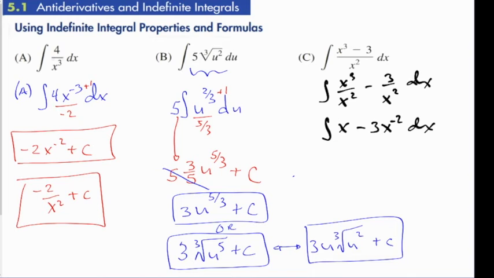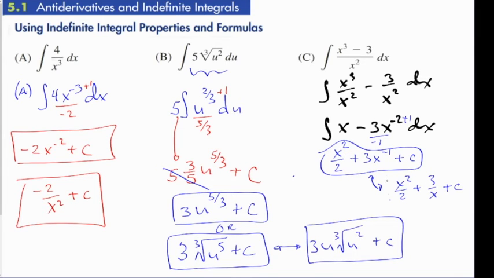And now we can use the power rule for each. So we get x squared over 2 minus, when you add 1 to negative 2, you get negative 1. And when you divide by negative 1, that makes this a plus 3x to the negative 1 plus c. So this is correct. Or I can take that negative 1 exponent and turn it into a fraction. X squared over 2 plus 3 over x plus c. Both of these answers are correct.